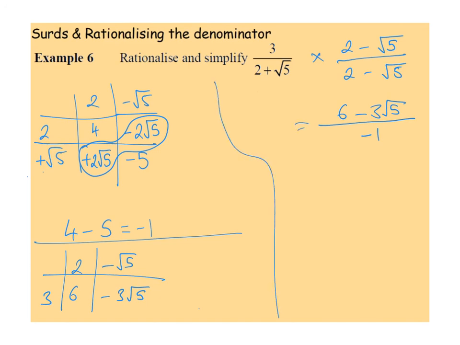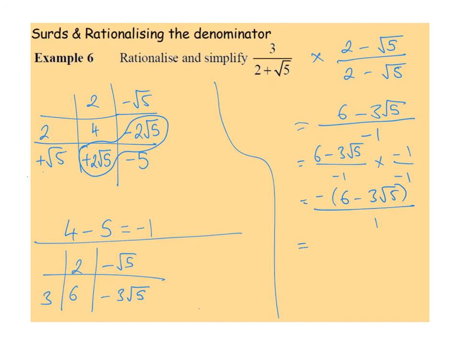Now, that's not as simple as it can be written. And the reason for that is because I've got a negative on my denominator and a subtraction on my numerator. So the easiest thing to do here is to multiply this further by negative 1 over negative 1. And I'll get negative brackets 6 take 3 root 5 over 1.